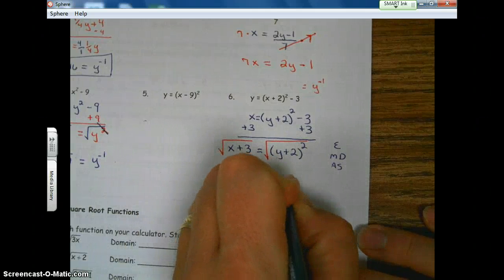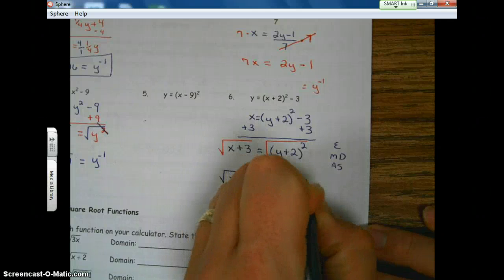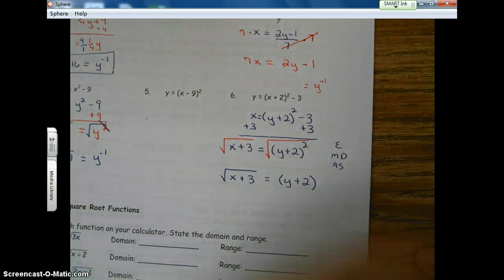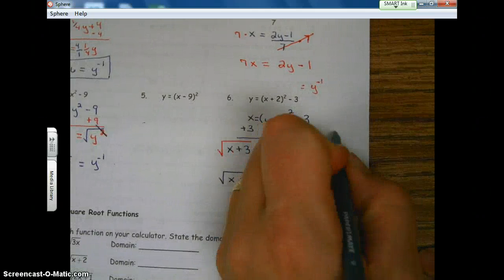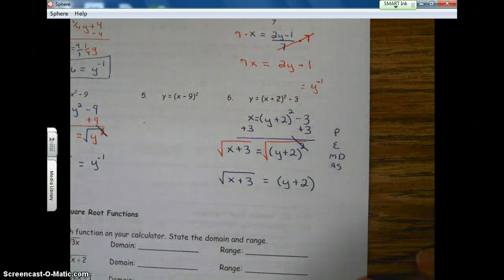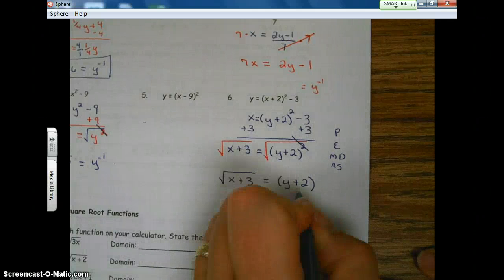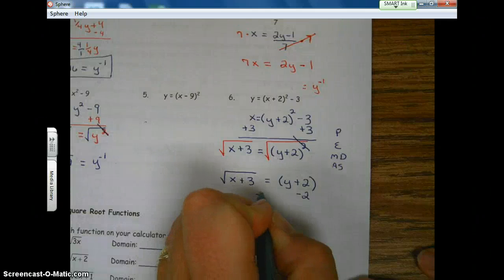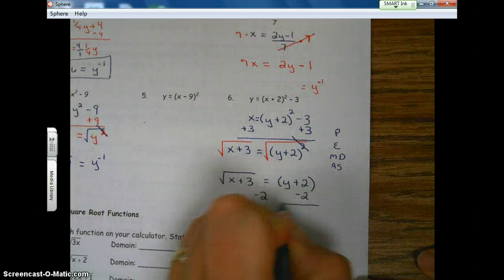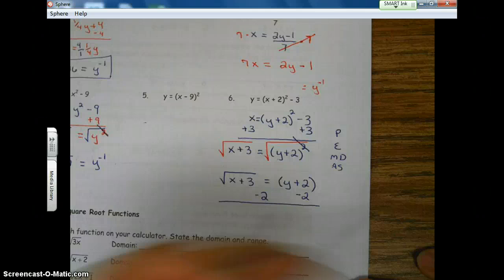Okay, because these cancel. And then we do parentheses. What's inside the parentheses? So what's inside the parentheses is adding. So we're going to subtract 2 on both sides. Now be careful. Pay very close attention.